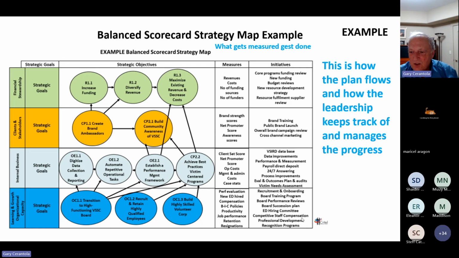Here's where you start, on the learning and growth, or what I call organizational capacity goals, and you make sure that they connect and support it, and you can see where the connections are. So in order to increase your funding, you really need to go through all these steps before you have the capability to increase your funding.